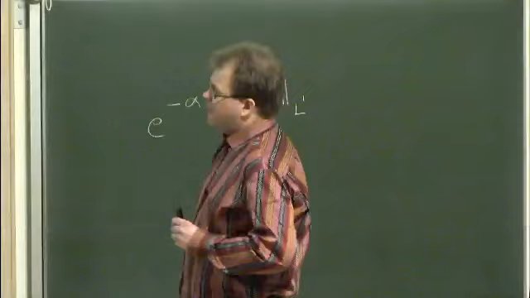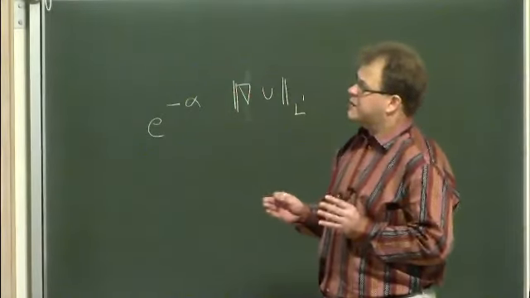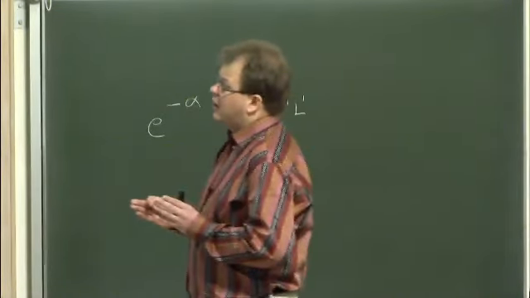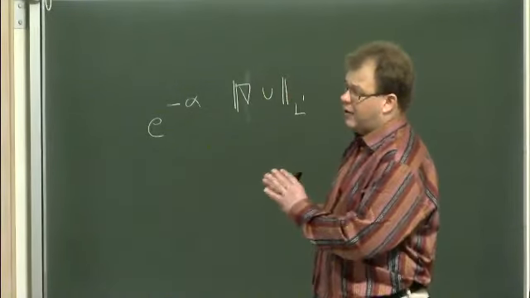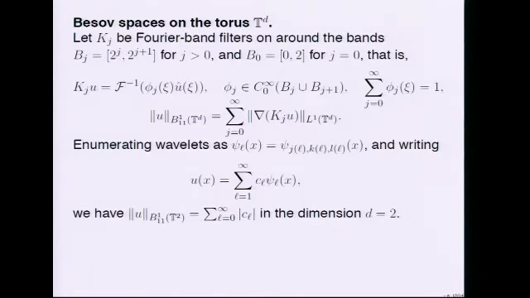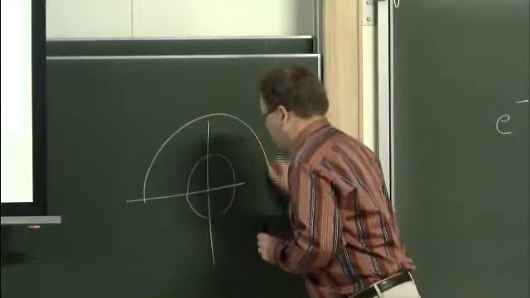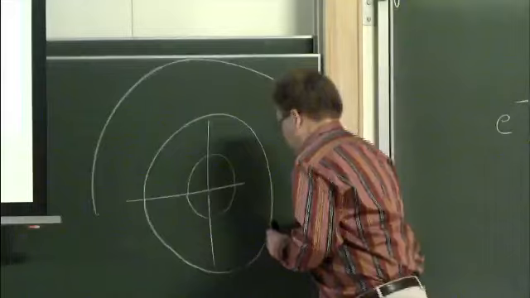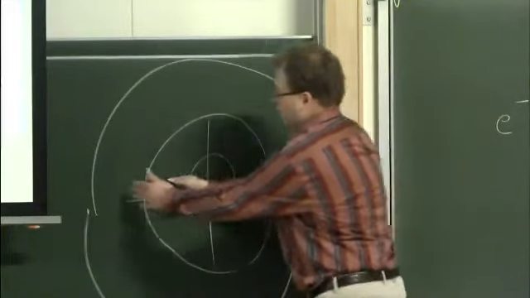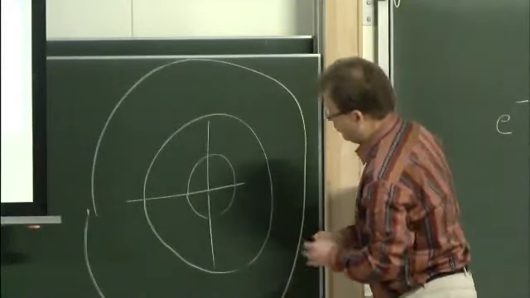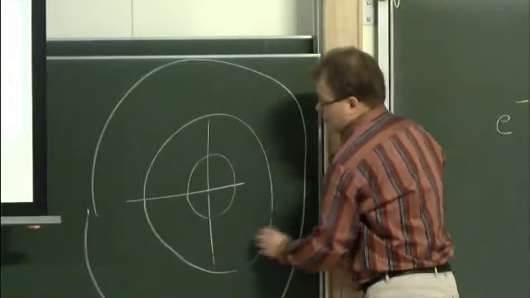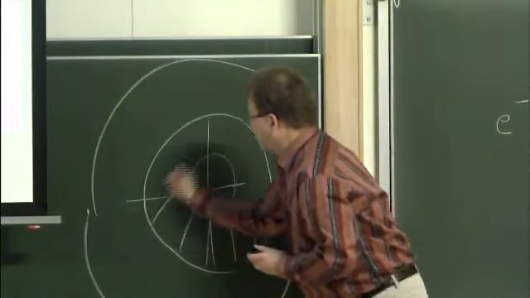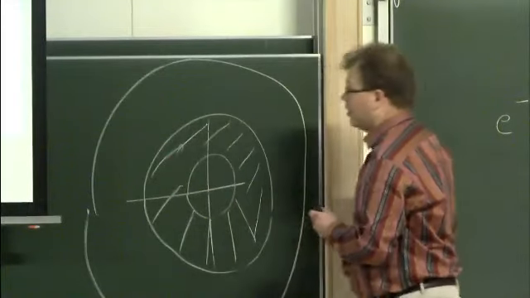I define this kind of frequency band filters Kj. They are like Littlewood-Paley projectors. I take Fourier space and put their dyadic decomposition. So these are getting larger and larger. Then I make a filter that takes this frequency band in the two-dimensional case.